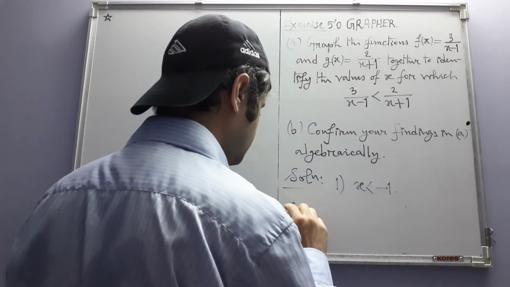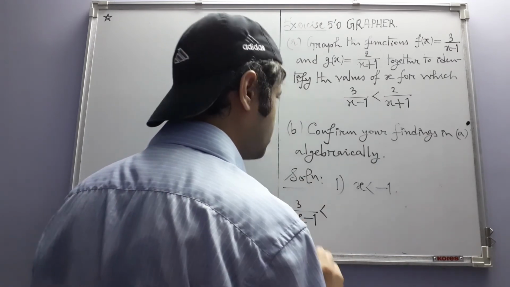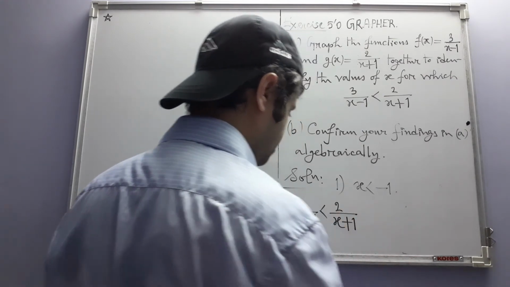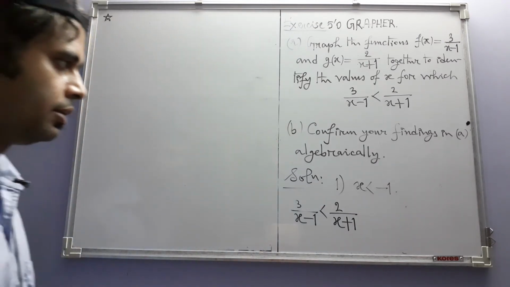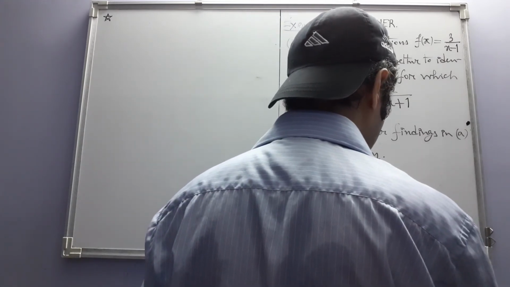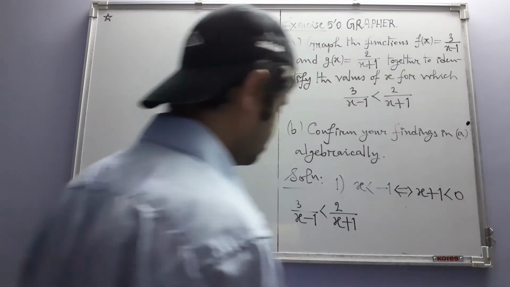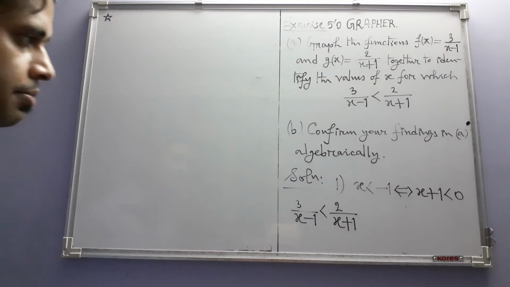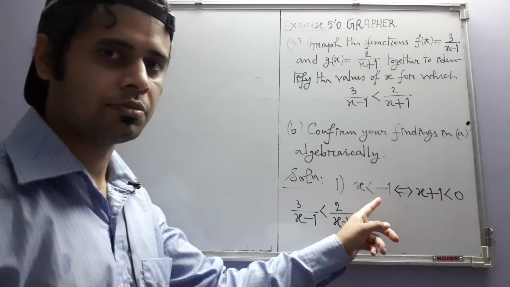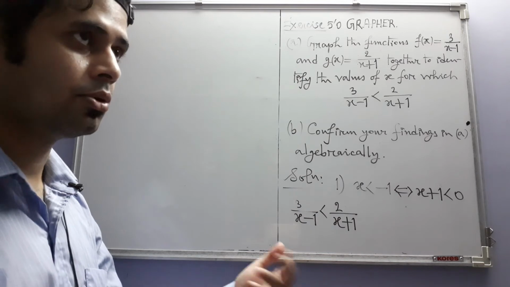Then, okay, now if x is less than minus 1, what does it mean? It means x plus 1 is negative, right? At the same time, since x is less than minus 1, x itself is a negative real number, so x minus 1 is even more negative.